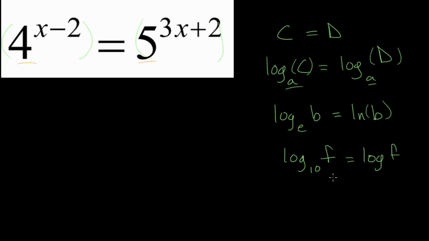And I focus on these two specific bases, e and 10. Remember, e is just that irrational number, 2.718, and so on. It is infinitely long in its decimal expansion. These two bases are most common, for one, because we use 10 as the basis of our entire number system. And e, it's a little bit more complicated, but e has many very special properties, especially when you're dealing with calculus.